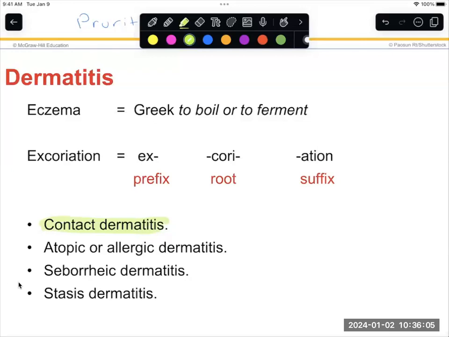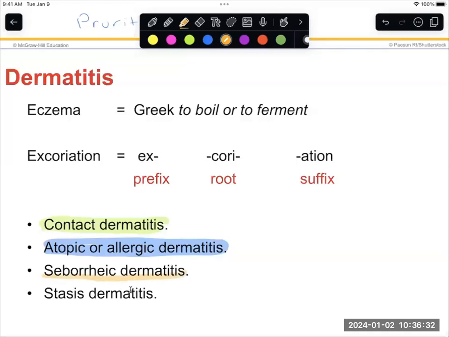We have atopic or allergic dermatitis. This type of dermatitis is caused by allergens that include nickel and jewelry, perfumes, cosmetics, poison ivy, and latex.